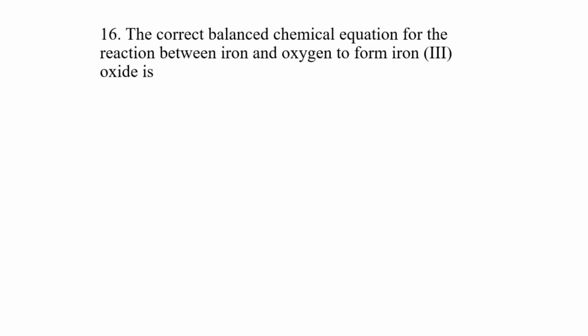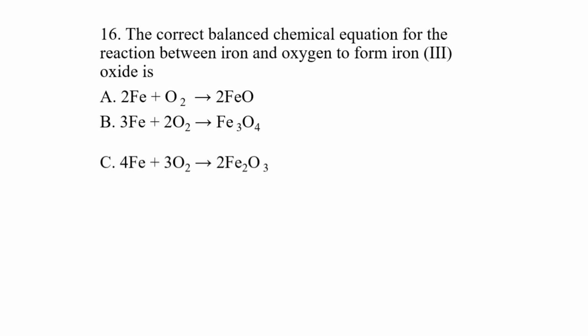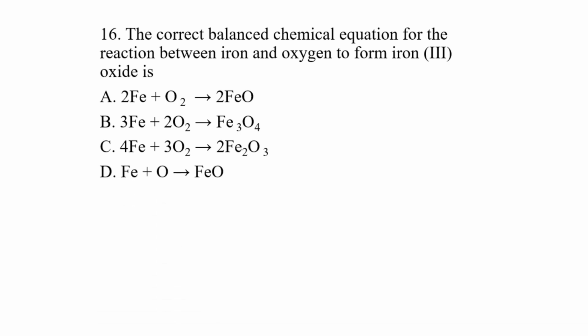Question number 16. The correct balanced chemical equation for the reaction between iron and oxygen to form iron 3 oxide is A. 2Fe plus O2 gives 2FeO, B. 3Fe plus 2O2 gives Fe3O4, C. 4Fe plus 3O2 gives 2Fe2O3, D. Fe plus O gives FeO.